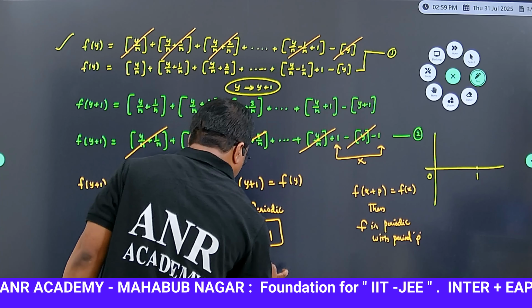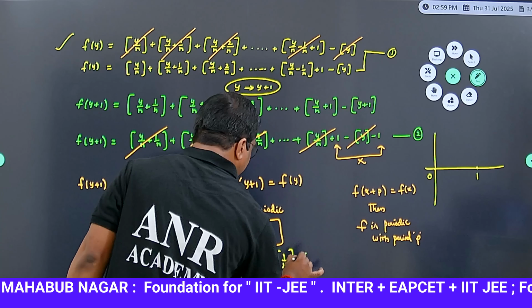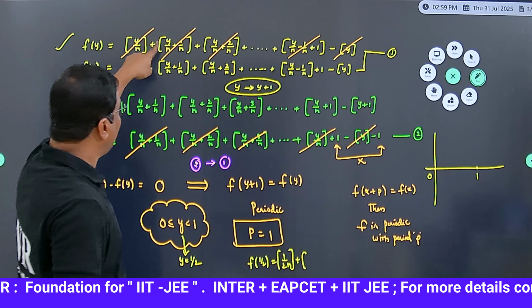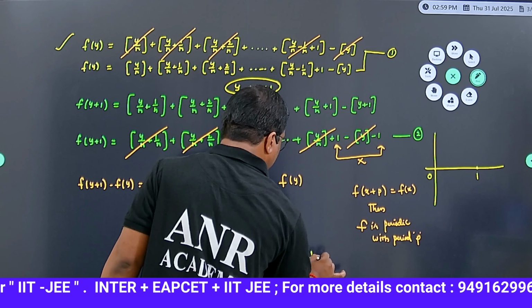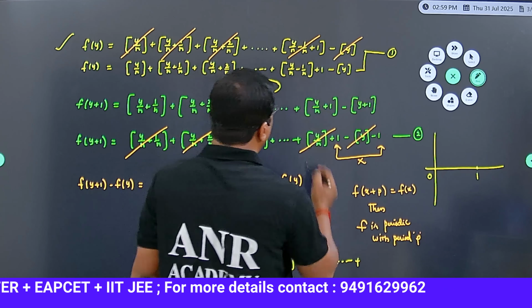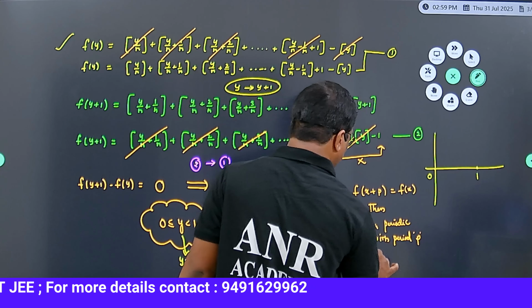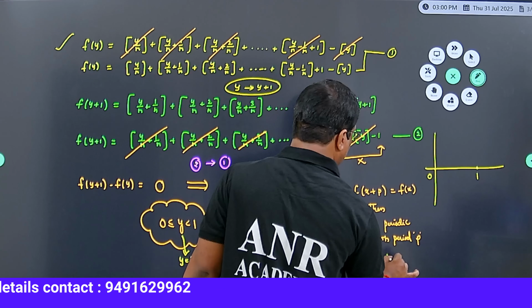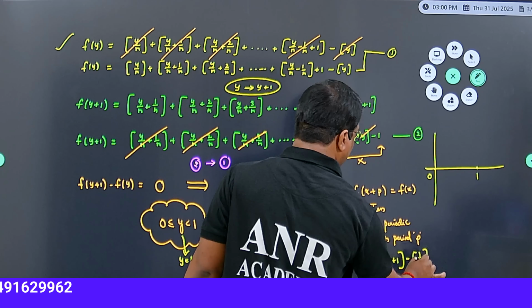Now f of 1 by 2 becomes step of 1 by 2n. Next, second term, 1 by 2n plus 1 by n, and so on. Last term, y value 1 by 2, so 1 by 2n minus 1 by n plus 1 minus step of y value 1 by 2.